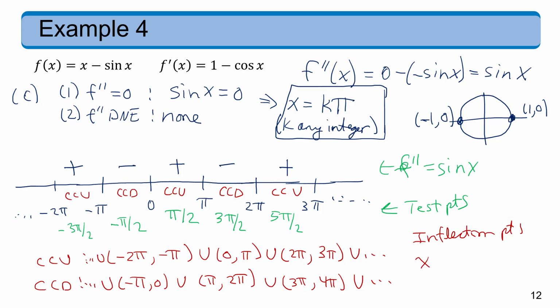Notice it is all the multiples of pi, k pi. If you wanted to find ordered pairs, just do the same as always, right? So plug in, like if you took x equals 0 as one of those, plug that in up here, get your y-coordinate that goes with it. So we may do some of those when we graph it. And we just answered part D here with the inflection points. So now all that's left is to create the graph. So we'll do that on the next slide and we'll put everything together.